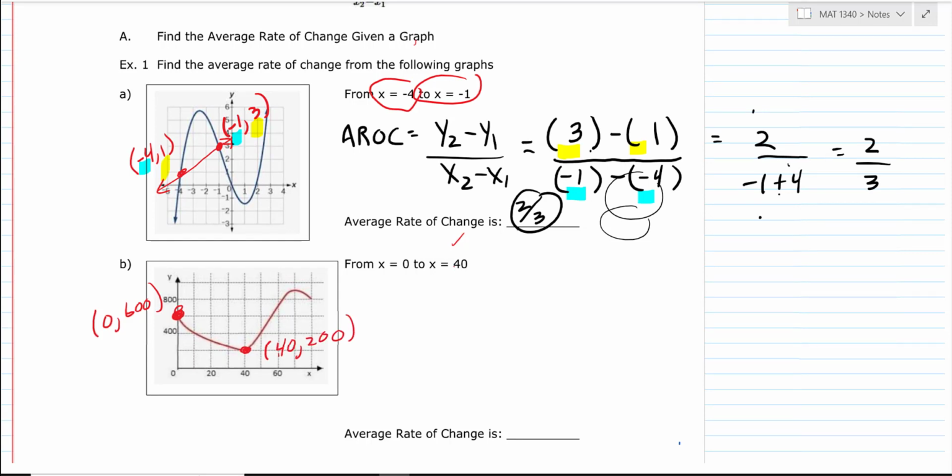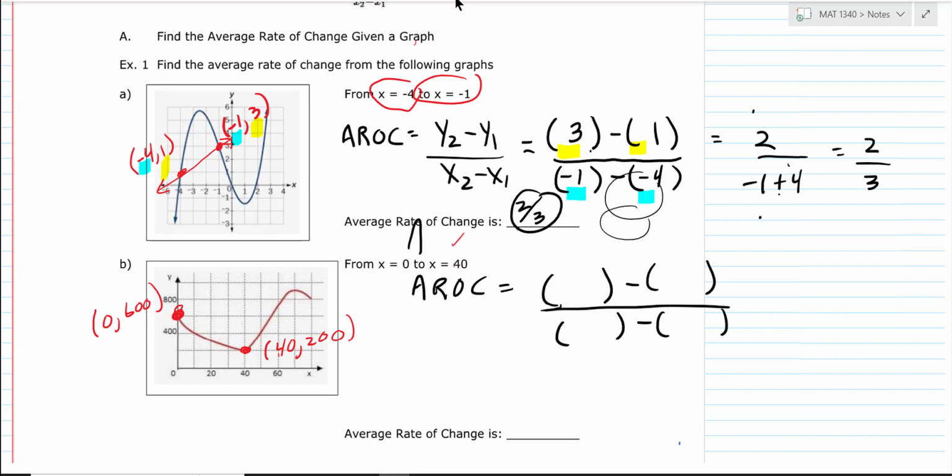Okay, all right. So again, what we do is the same thing. We do average rate of change. So average rate of change, we'll just do the formula y2 minus y1 over x2 minus x1. And again, it's your choice what order you do this in. I'm going to choose to go 200 minus 600.